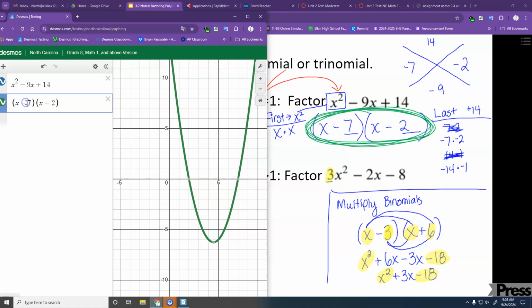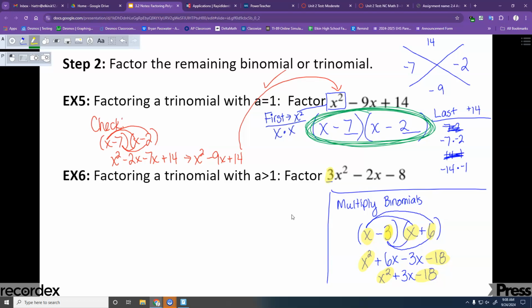Like, let's say I accidentally used plus signs instead of minus signs, not the same graph. If you see that happening, you know you messed up, okay? So if you graph the original and your answer, they should still be the same for that.